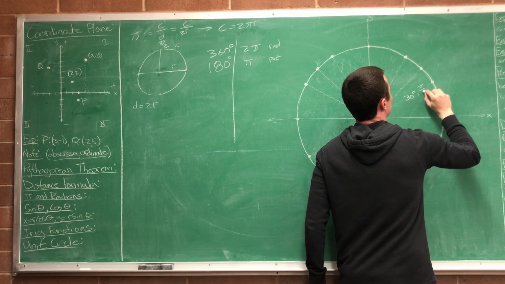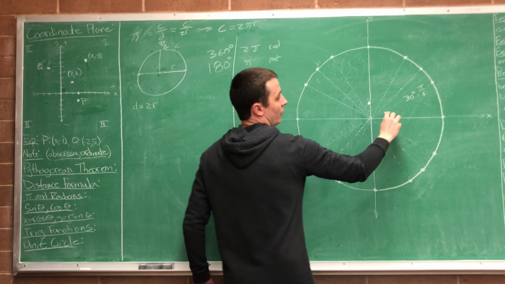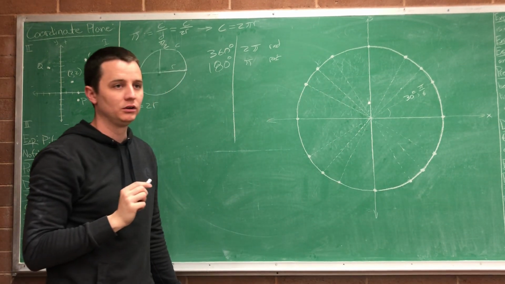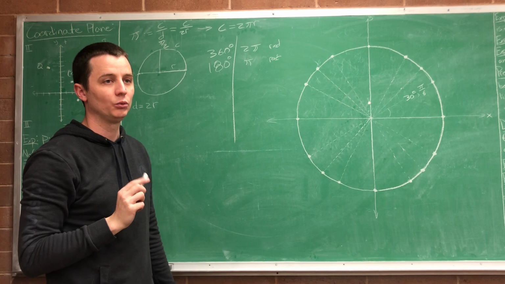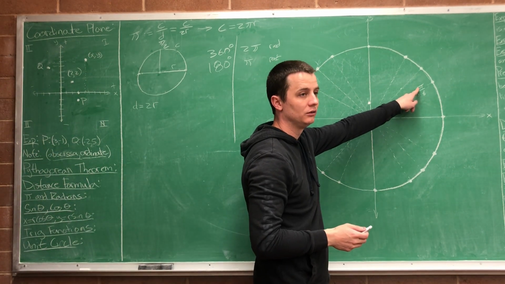Now, I'll give you my own trick for how I personally think about it. 30 degrees is what portion of the whole circle? 1/12. And pi is half a circle.